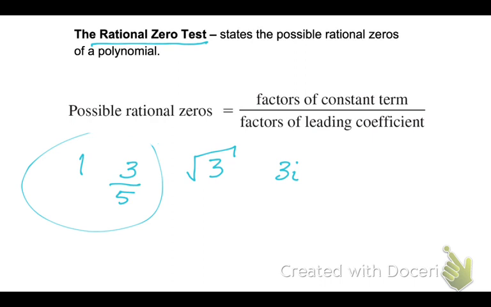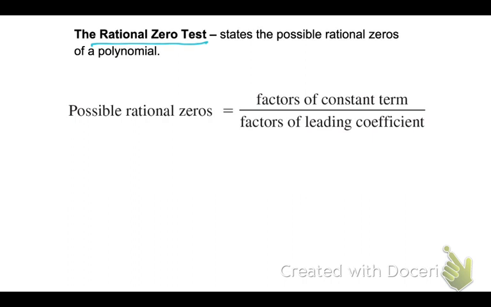So what the rational zeros test states is the possible zeros of a polynomial. It does not do anything else. So what I call this are PRZs. What does PRZs stand for? Rational zeros. And we did this last year, so I don't know if you remember. You take the factors of the constant divided by the factors of the leading coefficient.